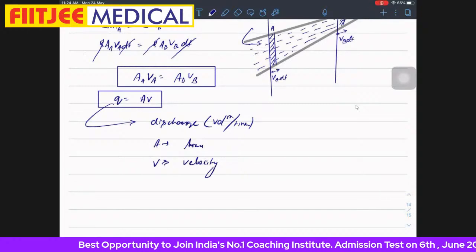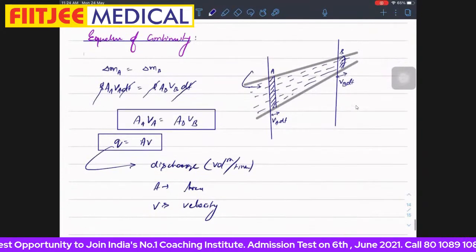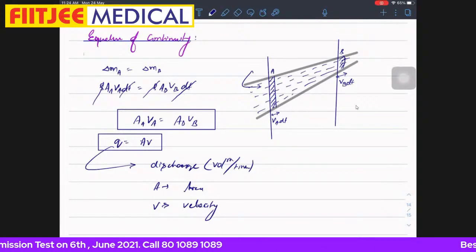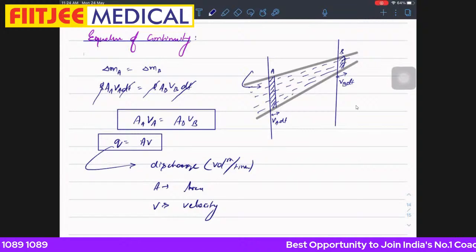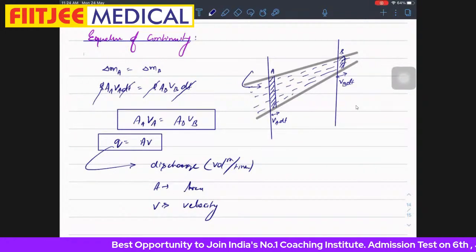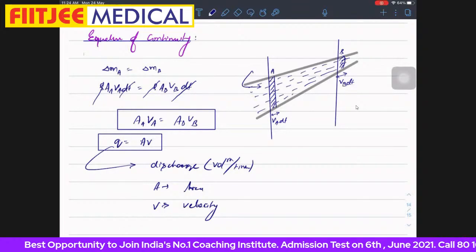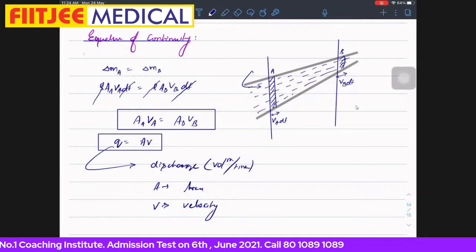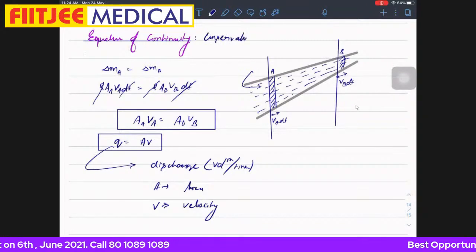So basically it says that in the case of an ideal liquid, which means it should be incompressible, homogeneous, and non-viscous, the discharge will remain the same. Means V into A will remain constant. Equation of continuity is also conservation of mass.